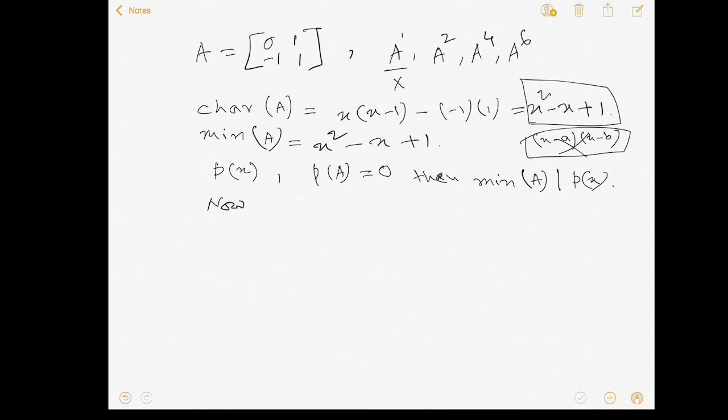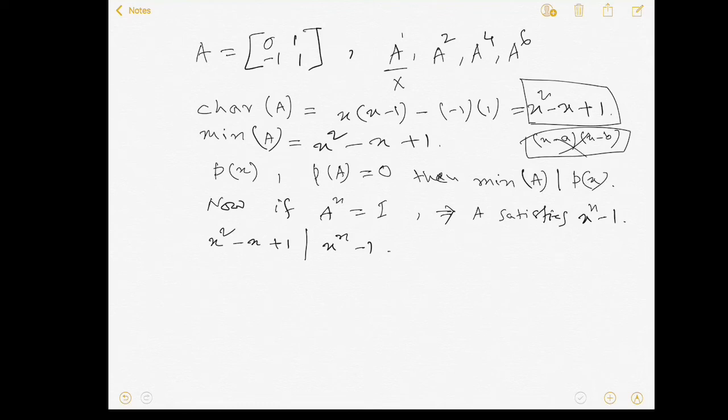Now the problem, if A power n equal to identity matrix, this implies A satisfies x to the power n minus 1, this polynomial. Now minimal polynomial of A is x square minus x plus 1. So this polynomial should divide x to the power n minus 1 clearly, because minimal polynomial of A divides all P(x) such that P(A) equal to 0.